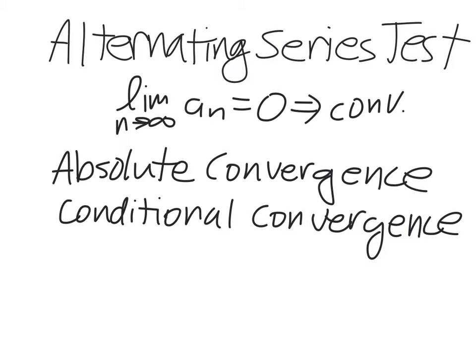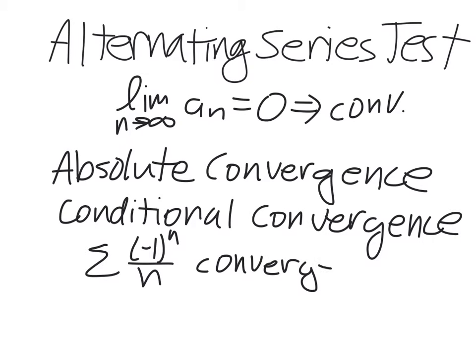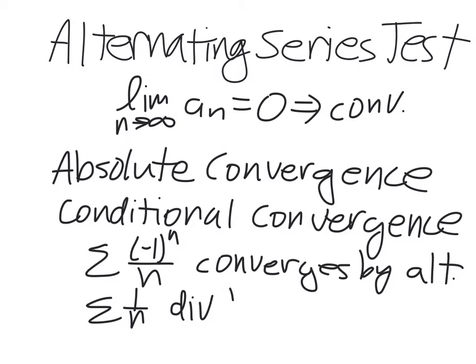The conditional convergence is maybe the alternating series converges, conditional, probably the easiest one there. That one will converge by the alternating series. But the absolute value of that series of 1 over n diverges by, well, pick a test.